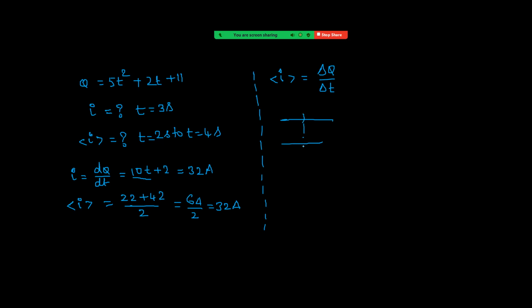Through that given cross section, when t equal to 2 seconds, how much charge has flown? Let us take it as Q1. 5t square, 2 square is 4, 4 fives are 20. 20 plus 2.